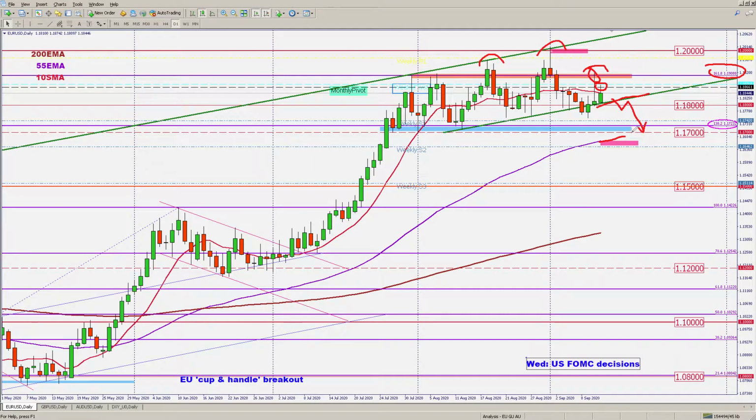We'll need to watch out for that, especially if the US dollar index does attempt to climb higher, as a major component of that index is the euro dollar.